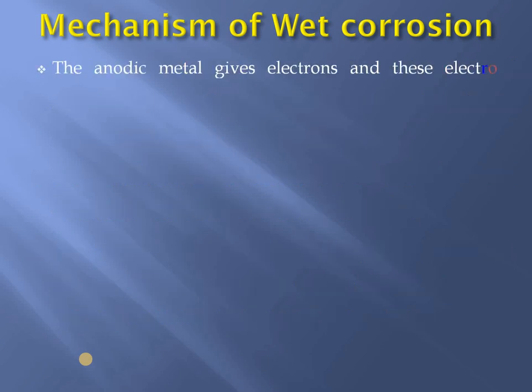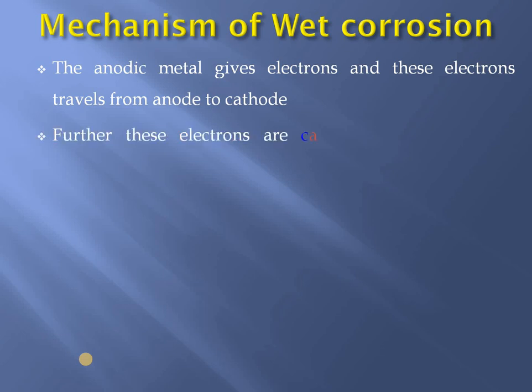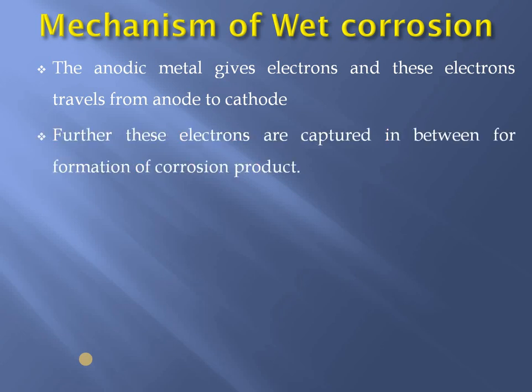The anodic metal gives electrons, that means it undergoes oxidation, and these electrons travel from anode to cathode. Further, these electrons are captured in between for the formation of corrosion product, and hence I said that the corrosion process does not affect the cathodic end, it will only affect the anodic end.